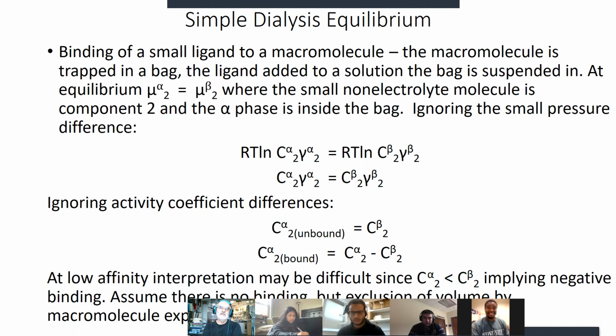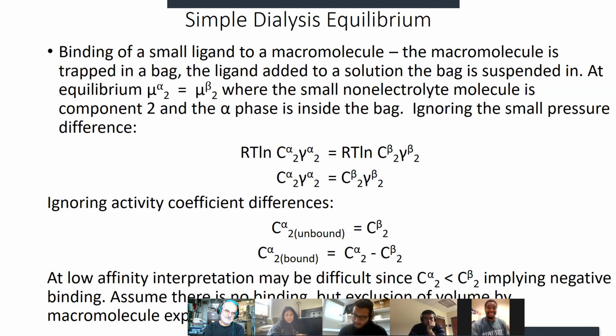So the next thing we're going to look at is simple dialysis experiments. Van Holde likes to do this little discussion of a simple dialysis experiment where you have a protein inside a bag. That is, the bag will not allow the protein to go through, so it has some kind of cutoff molecular weight. We generally do this with bags that might have a 10,000 molecular weight cutoff.